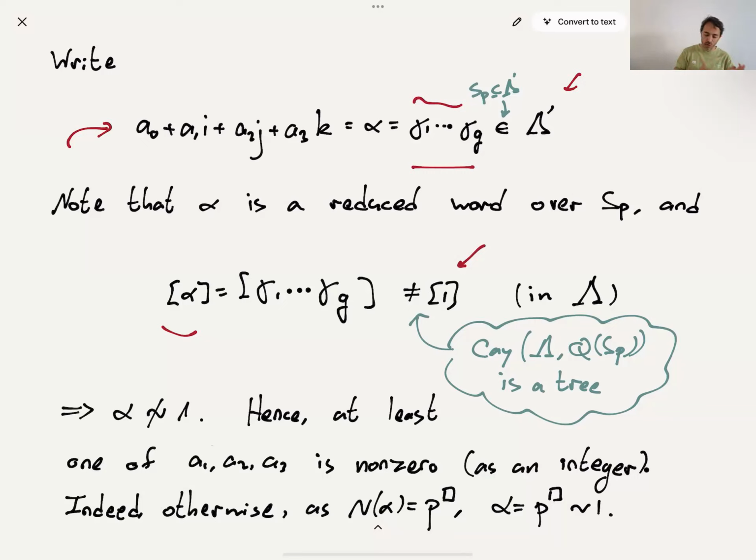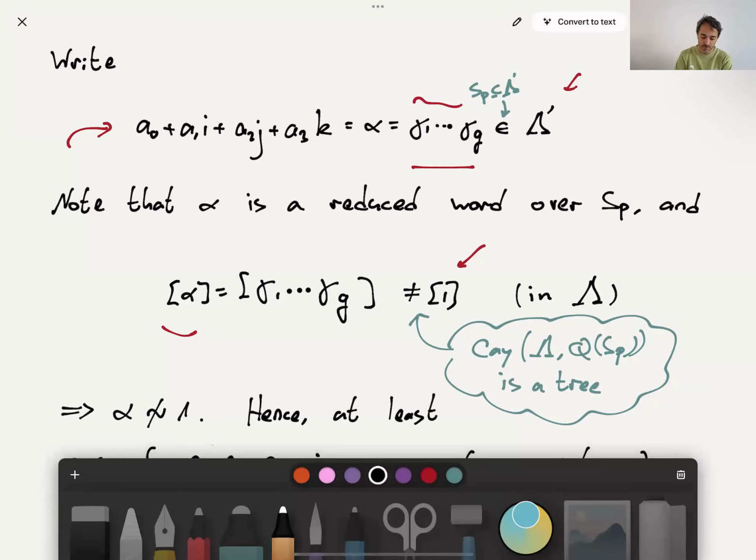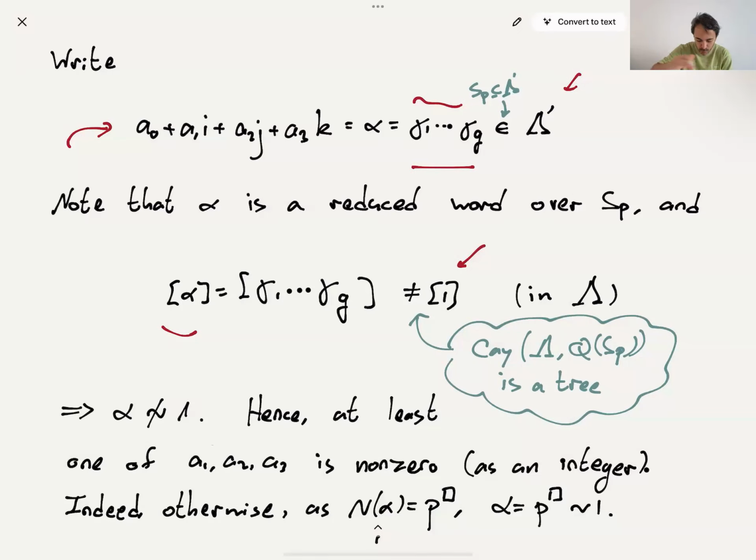And the fact that the norm is a power of p means that that integer is, up to maybe plus minus, a power of p. And that is equivalent to 1, in contradiction to the fact that we know that alpha is not equivalent to 1. Okay? So we know something about the product of the gamma i's, gamma 1 up to gamma g. We know that it has an imaginary part, right?